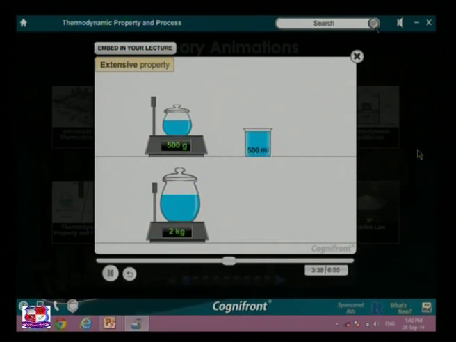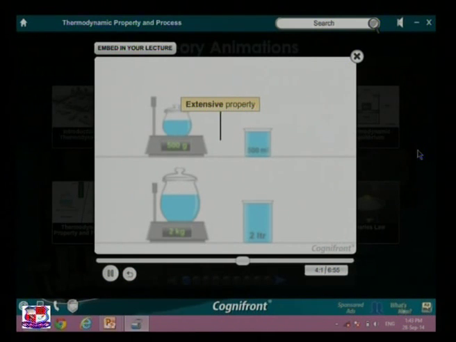If the mass of the water is increased up to 2 kilograms, then it will require a container of 2 liters. Thus, we can say that as the mass increases, volume also increases. That is, volume is dependent on mass.